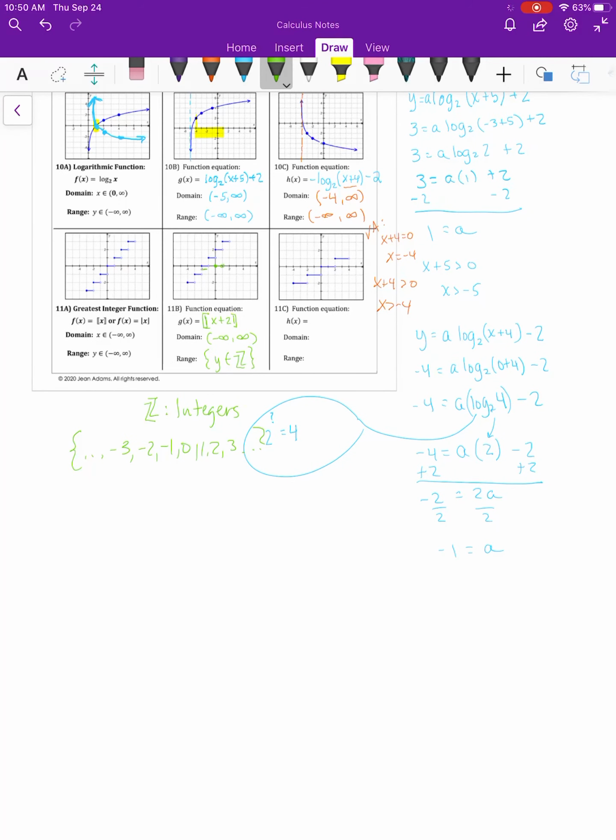So it's all those numbers, all the negatives, 0, and all the positives, but nothing in between. So that's why we're saying that is our range, because you can see that on the y-axis you've got -2, -1, 0, you're skipping everything in between for the y values.